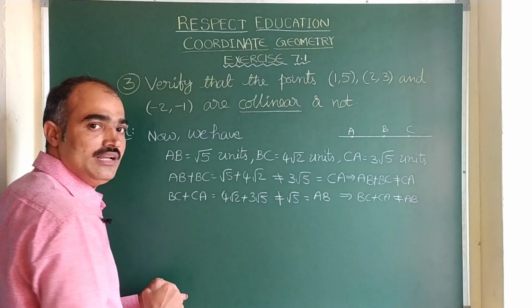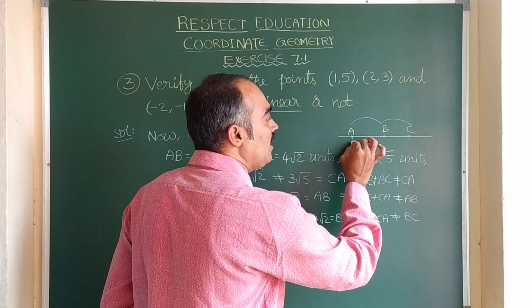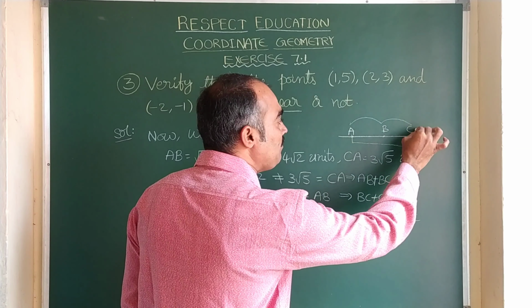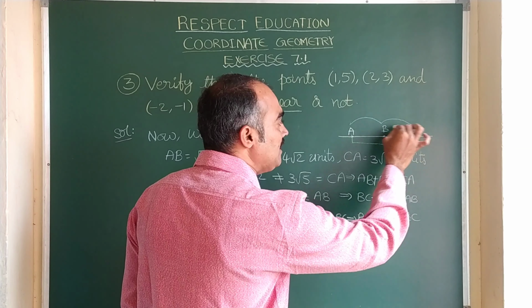You understand, children. If you add AB and BC, that is not giving the value of AC. If you add AC and BC, that is not giving the value of AB. If you add CA and AB, that is not giving the value of BC. All three chances we have tried. If it follows any one of the chances, then the given points will be collinear.